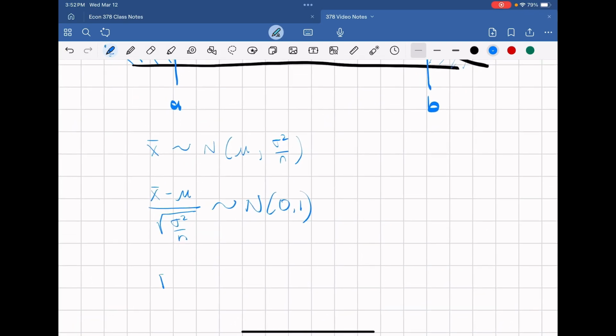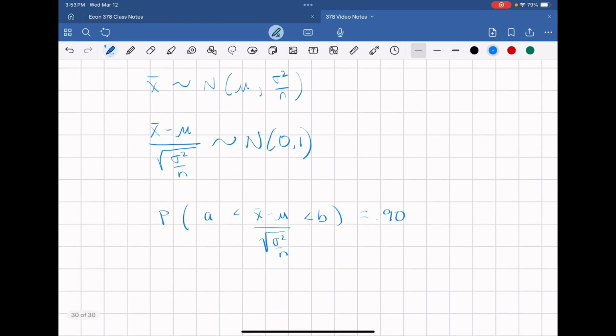That tells us that the probability that A is less than (x bar minus mu) over the square root of sigma squared over n, which is less than B, is equal to 0.90, because that's from the standard normal.